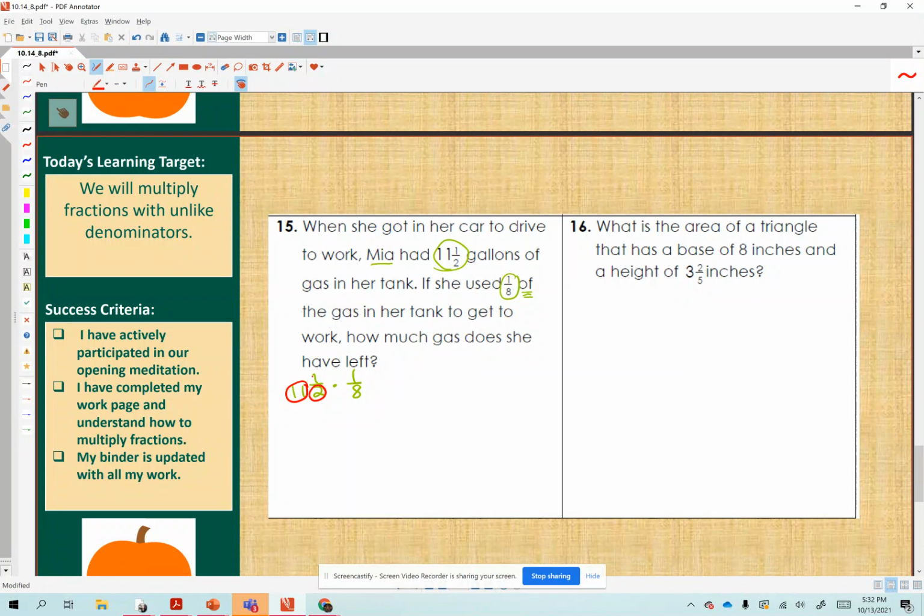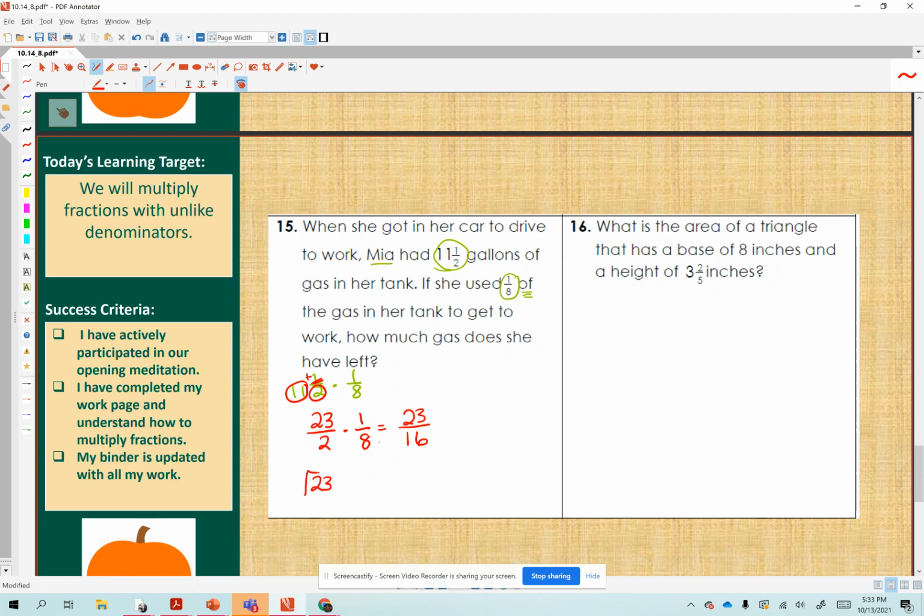11 times 2 is 22, plus the 1 in the numerator is 23, and we keep the denominator, times 1/8. Now we cannot simplify this, so we're just going to multiply straight across. So 23 times 1 is 23, and 8 times 2 is 16.